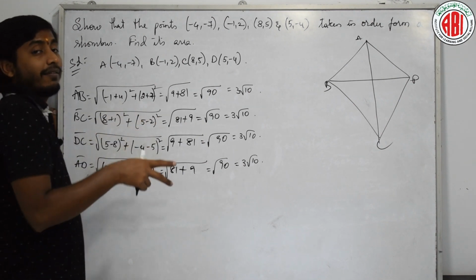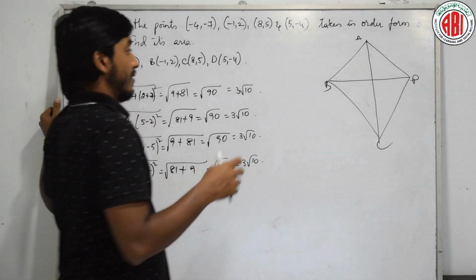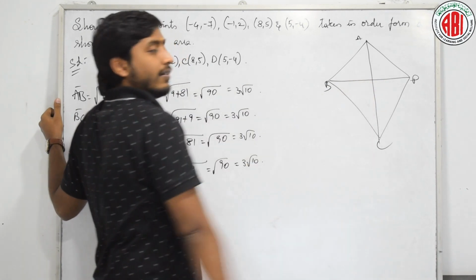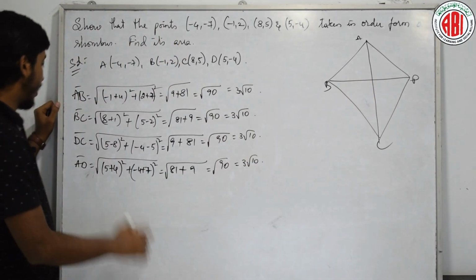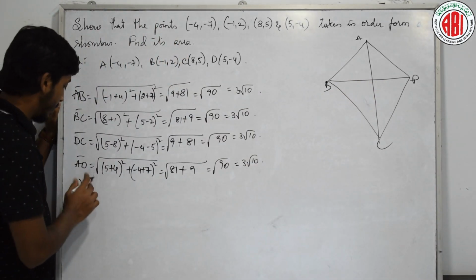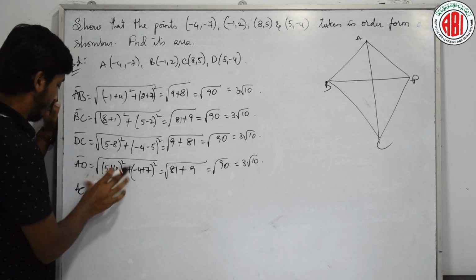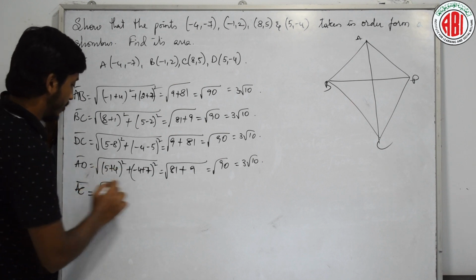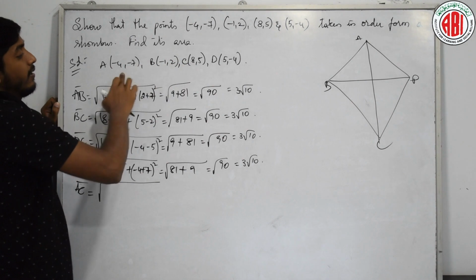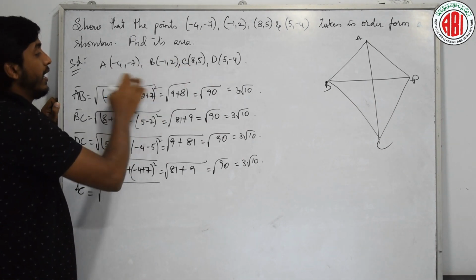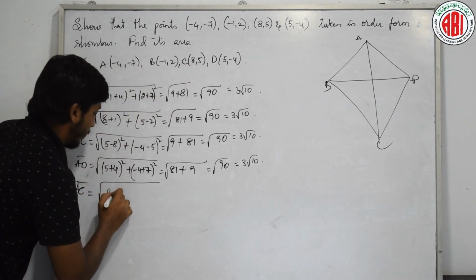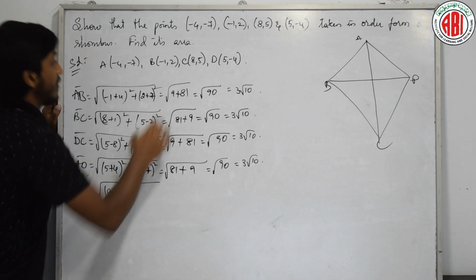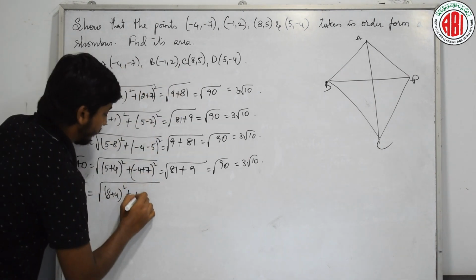Now the thing we have to separate is AC and BD. Shall we find? Now check it here. AC is equal to under root (8 + 4) whole square plus (5 + 7) whole square.